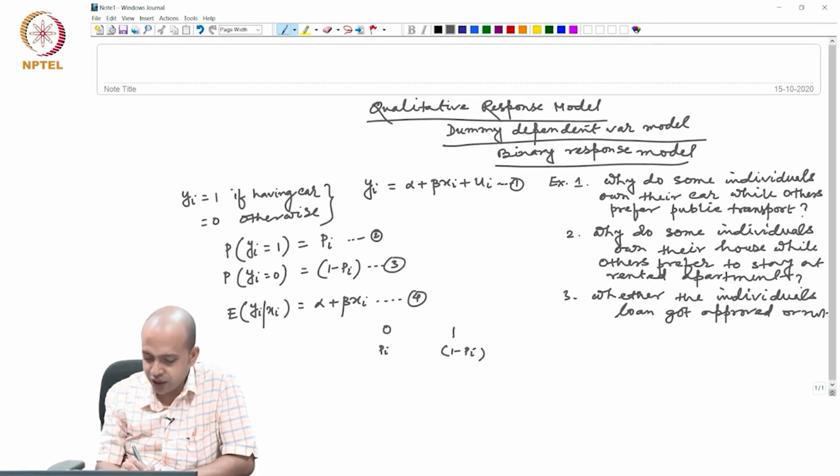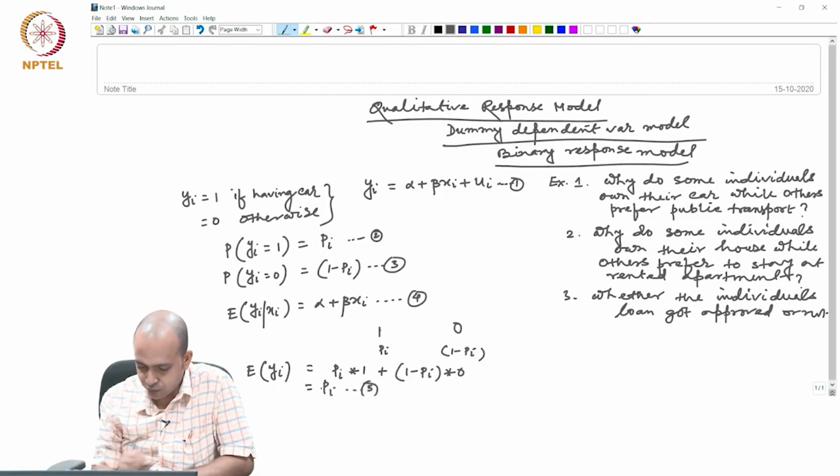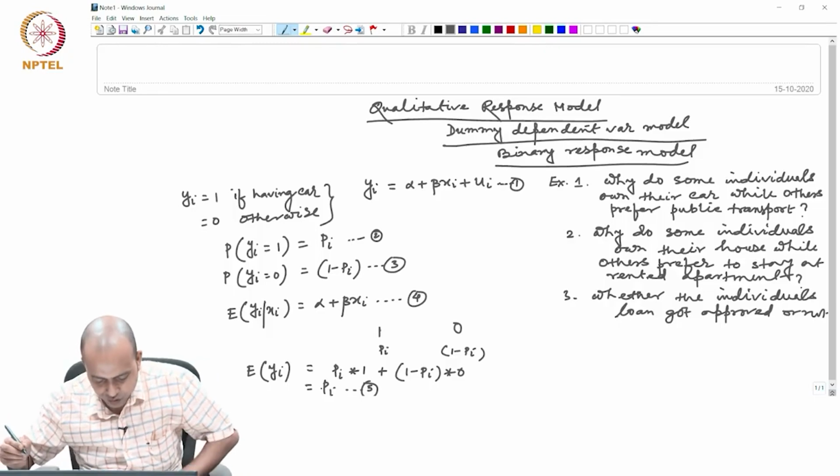So, expectation of yi equals pi into 1 plus 1 minus pi into 0, which equals pi. Let us say this is equation 5.